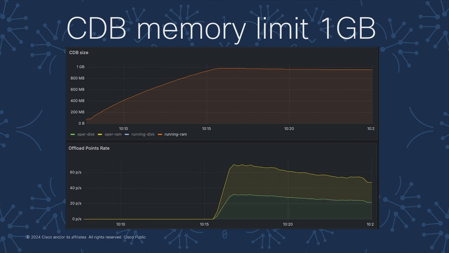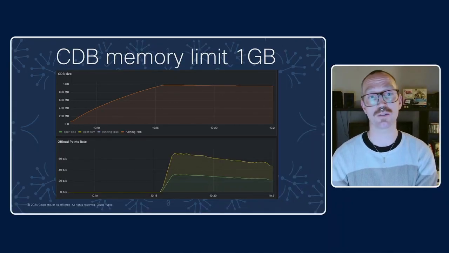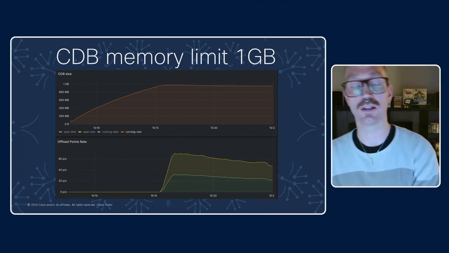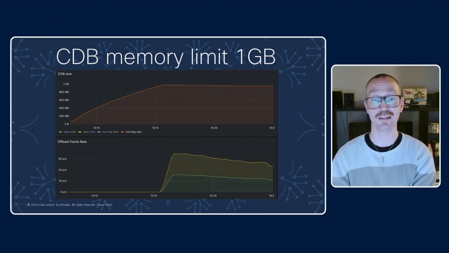If that interval were higher, the above graph where we see the CDB size would be moving more up and down, because, let's say it was 10 seconds or 50 seconds, we would allow the memory to go above that threshold during that interval. And when we then check, we would ensure we continue to offload until we get below it. But now we check every second, so basically we are offloading and loading as fast as we can.